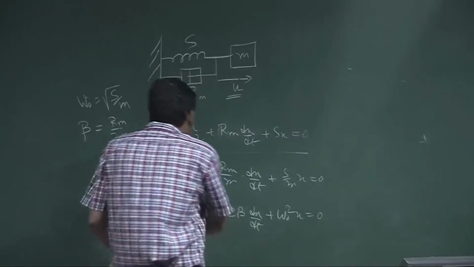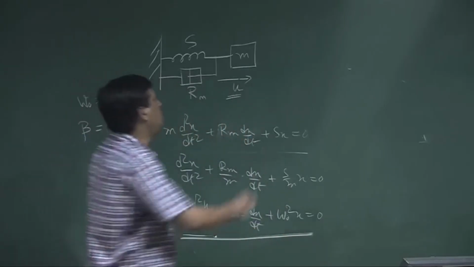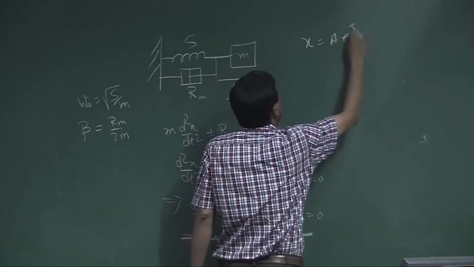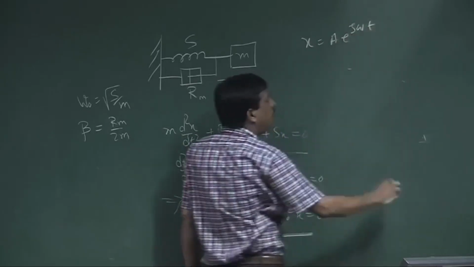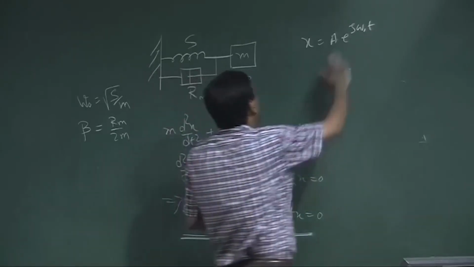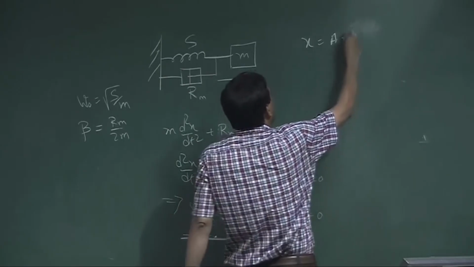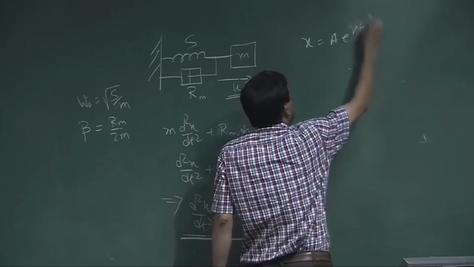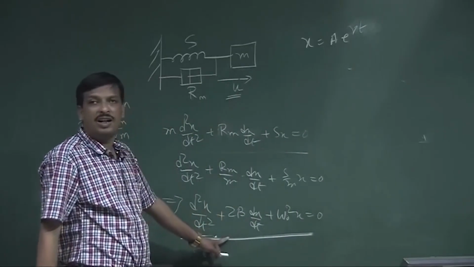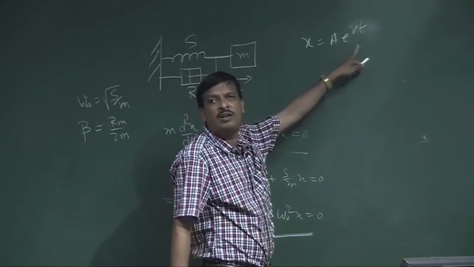Now, this is also a differential equation of the second order. The solution is an exponential solution. This differential equation has a solution x equal to a e to the power gamma t.